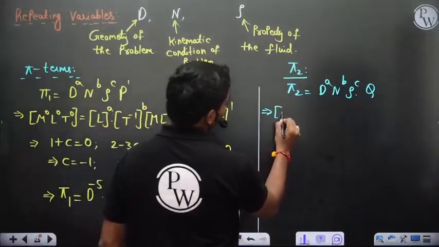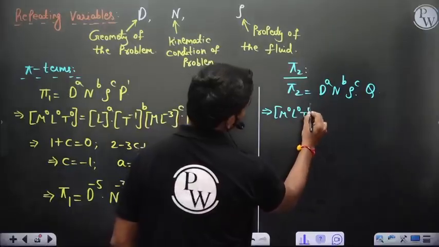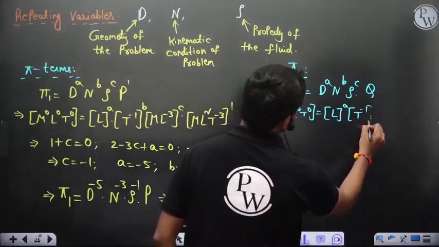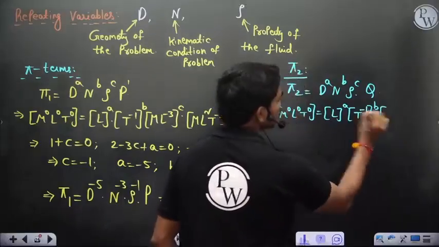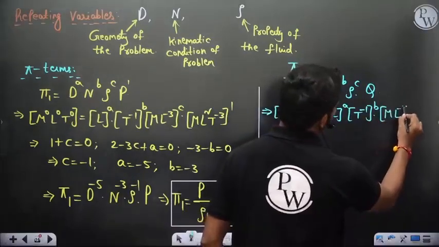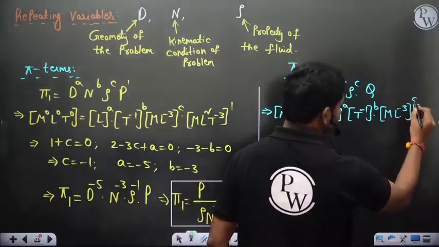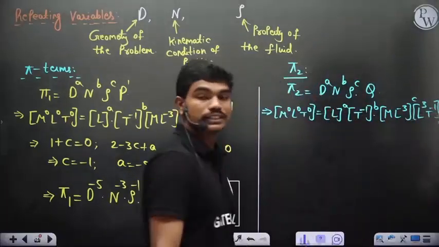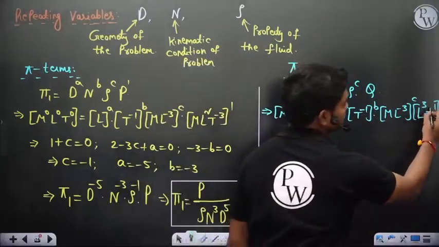So m power 0, l power 0, t power 0 is equal to l power a, t power minus 1 power b, rho kg per meter cube power c into discharge, meter cube per second. So this is meter cube per second, L cube t to the power minus 1.